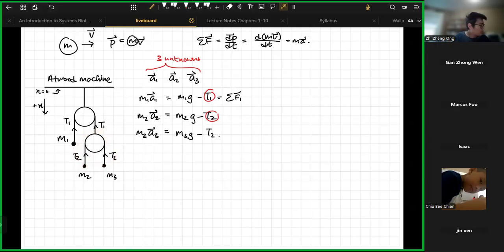This pulley actually has a few forces acting on it, right? But if you look at the problem, these pulleys are not moving. Only the masses are moving. So for the pulley to not be moving, the sum of forces on it must be zero as well.